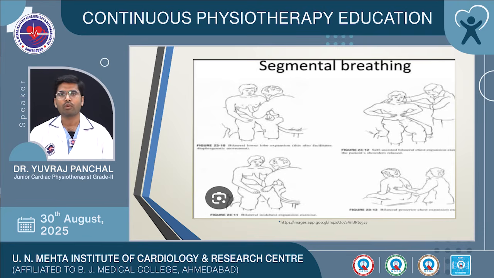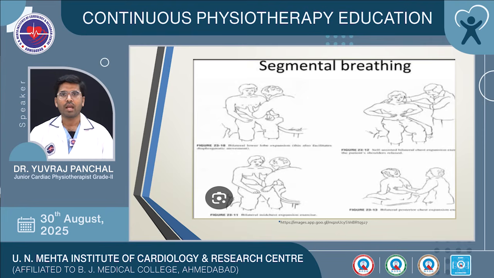Give a proper position, like lying on your back, sitting upright, or lying on your side according to the affected area. Place your hand on the chest wall overlying the segment you targeted.